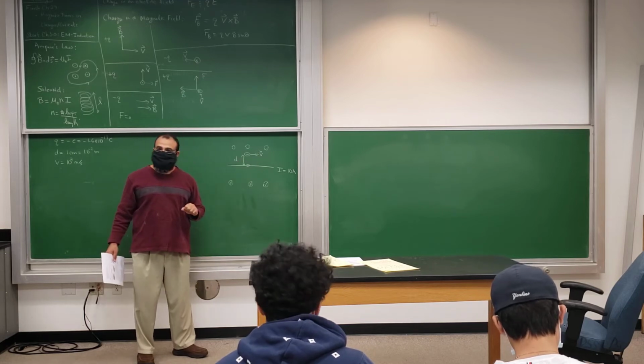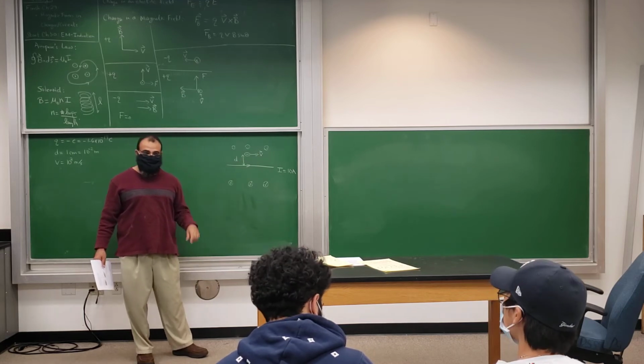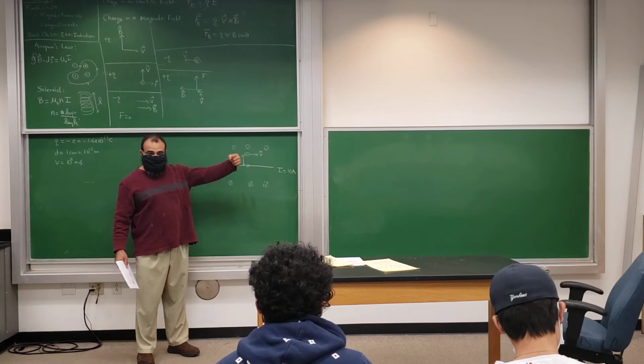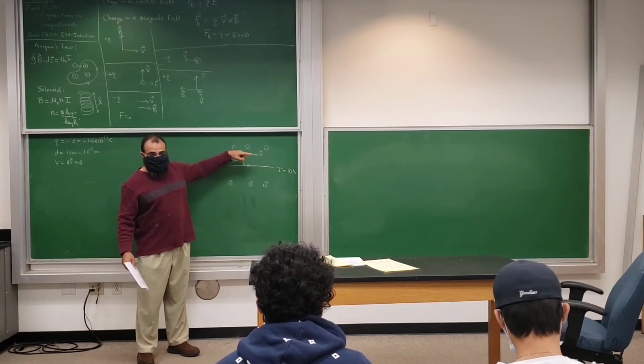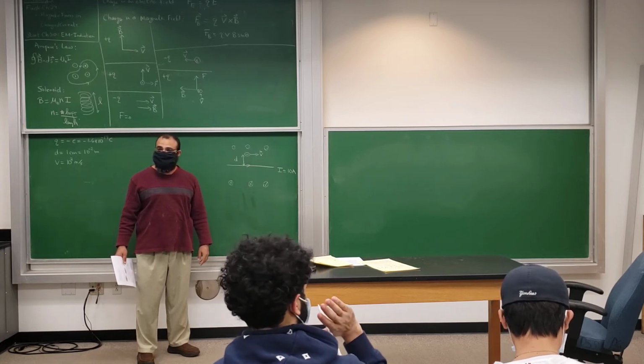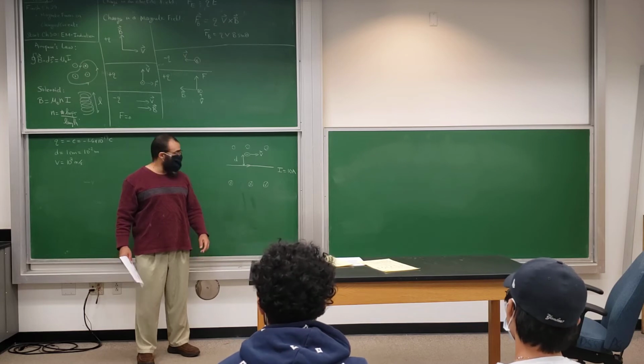So first question: in what direction is the force going to be? Magnetic field is up. The velocity is this way. So use your cross product. In what direction is V cross B? V cross B is down.